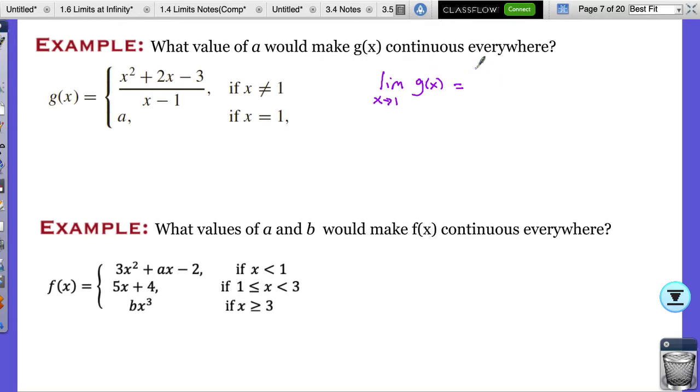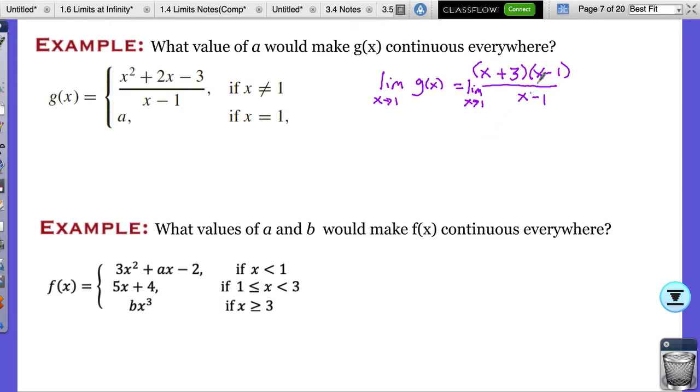If we factor the numerator, we would get x plus 3, x minus 1. Let me put my limit notation, my bad. We need to have that in the work right now. I know, it's annoying.